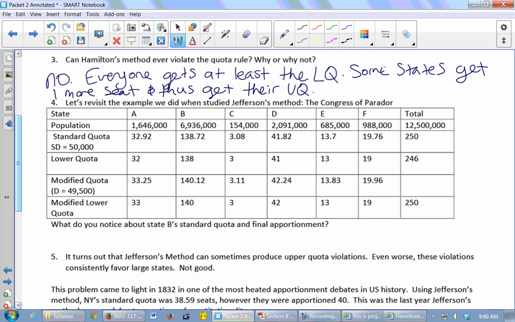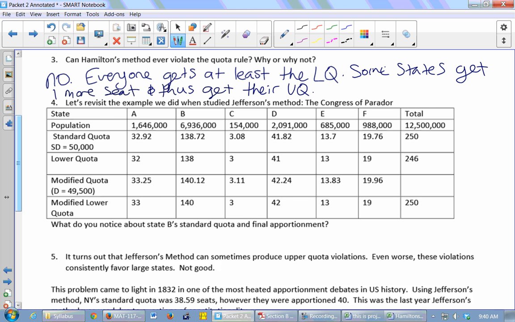All right, so let's consider the quota rule in terms of Jefferson's method. This is a problem we solved last week. We apportioned this Congress of Parador example using Jefferson's method. So we got the standard quotas, rounded them all down, because that's what Jefferson's method does. And then when we added that up, it was only 246. So rather than giving out the forced surplus like Hamilton's method, we decided to change the divisor.